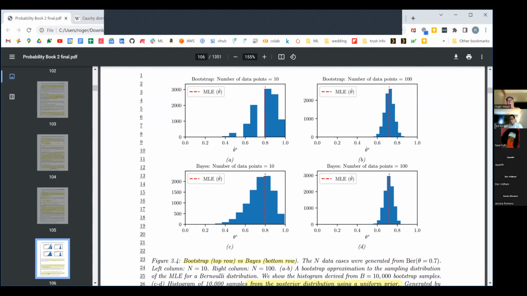If IID holds, then you can appeal to the law of large numbers and central limit theorem for means and summary statistics that are similar to that. And then secondarily, there's distributional assumptions like a Gaussian distribution or a binomial or whatever. And that can give you some more specific things to work with.